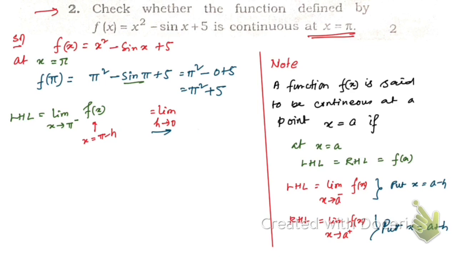When h tends to 0, x tends to pi. Here we have x tends to pi negative, right? That means something on the left side of pi, which is very close to pi. So now we have changed this by h tends to 0, in such a way that when h tends to 0, x tends to pi, right? Hope you have understood this.